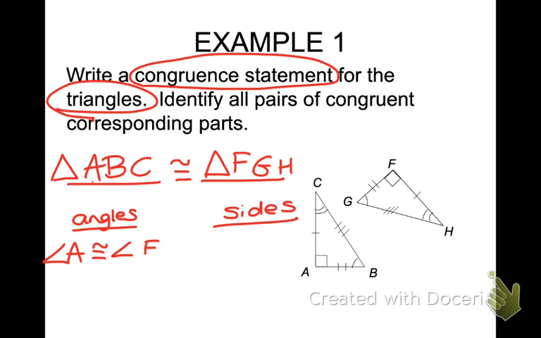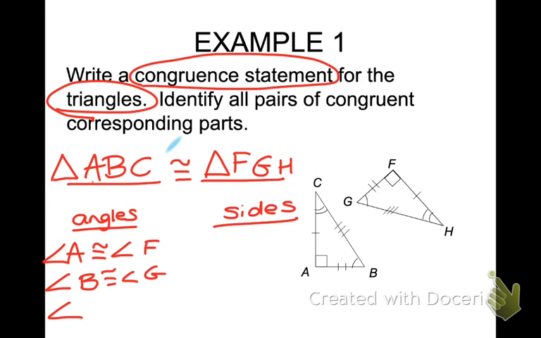So angle A matches with F. Notice that A is my first letter in my congruent statement up top, and F is the first letter. So if I use that idea, B should match up with G. So I'm going to write down here, angle B is congruent to angle G. Not that it would really matter. And then the last letter we had is C, which would match up with H.